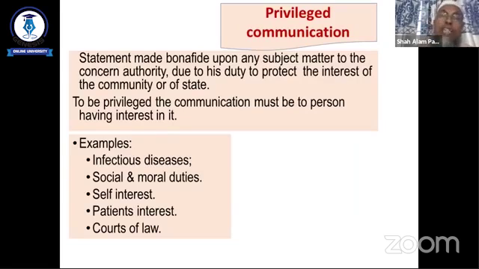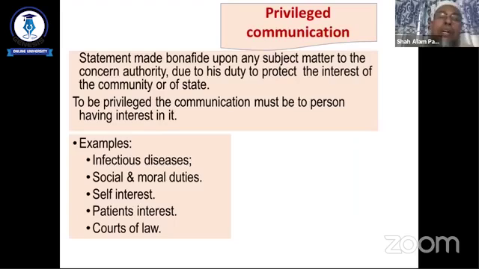Court of law: if the judge asks you to disclose, you cannot claim privilege, but you have to first tell the court that you will give it in writing. If the court, instead of this, orders you to say it verbally, then you can say it in the court.